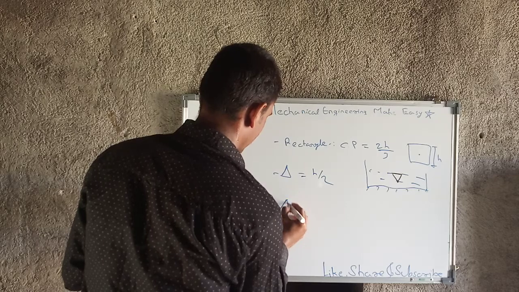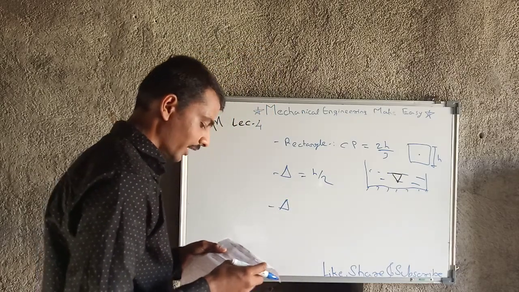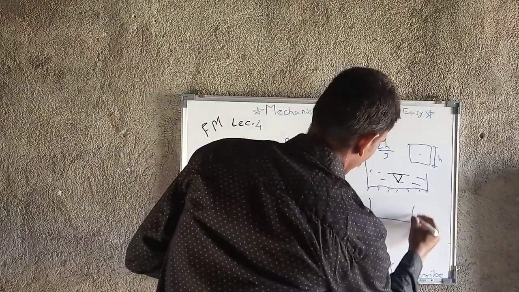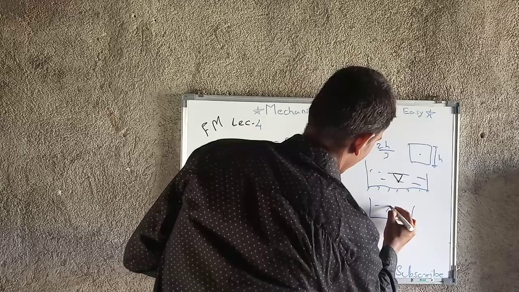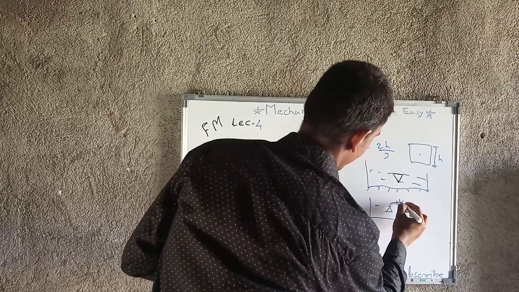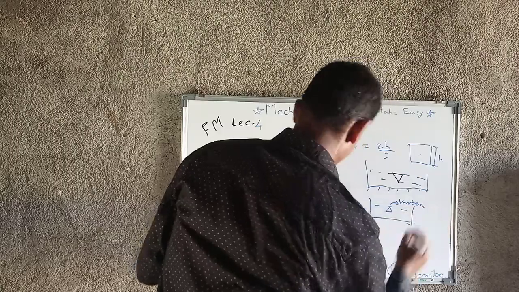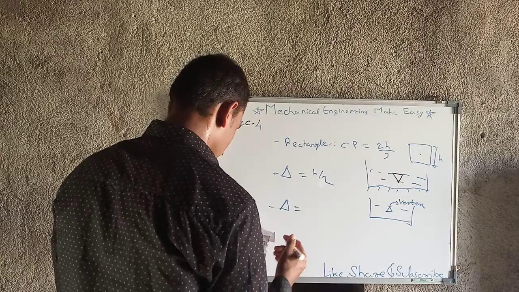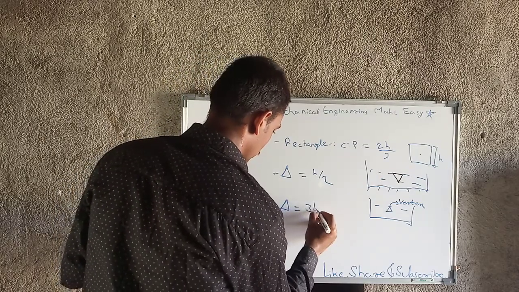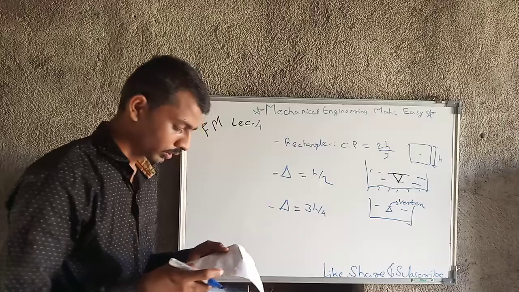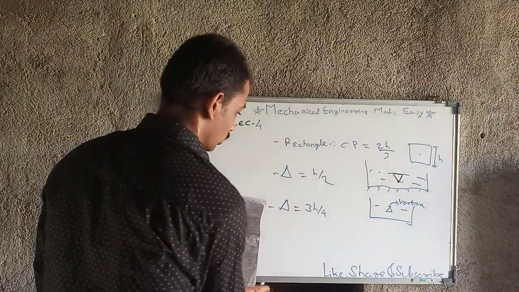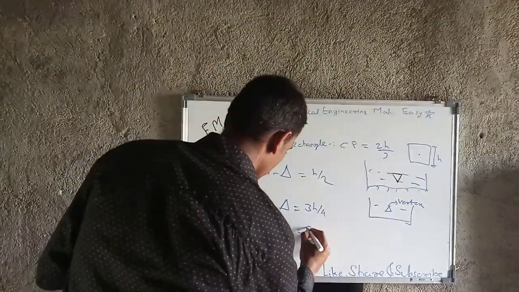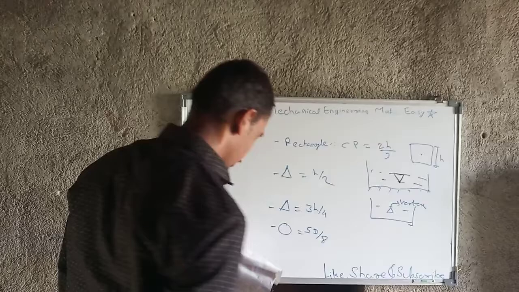Okay, the next case is also a triangle, with the vertex on the free surface, means the reverse way. The fluid is there and this point is known as the vertex on the free surface. In that case the formula is 3h by 4. And for a circle, that will be 5 times d by 8.